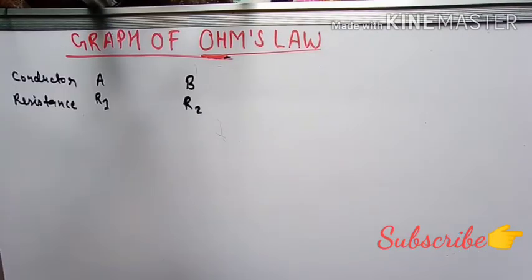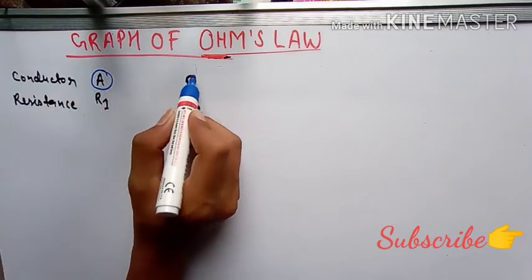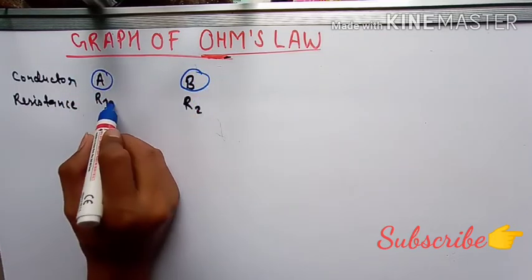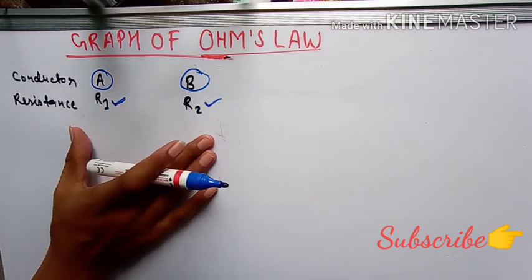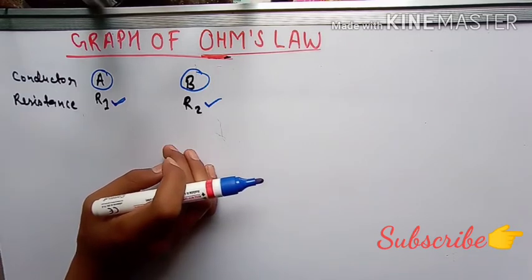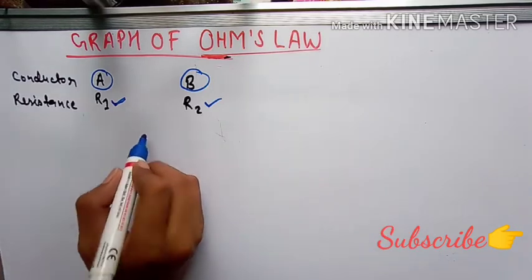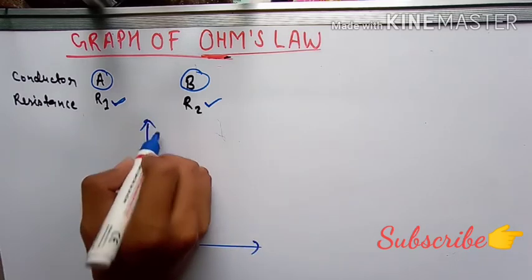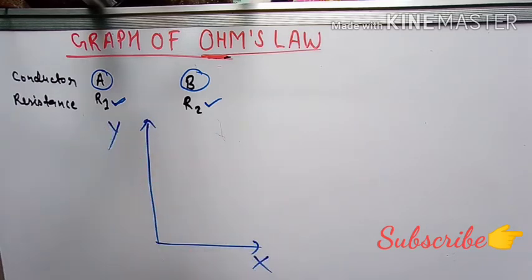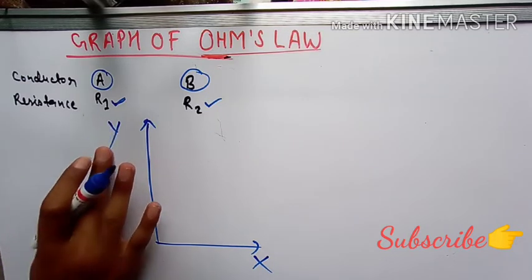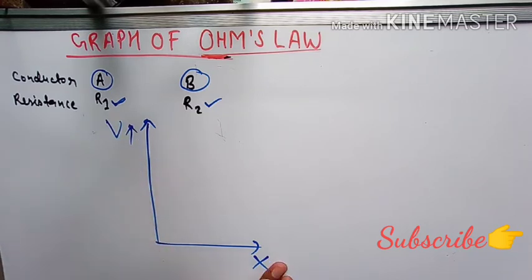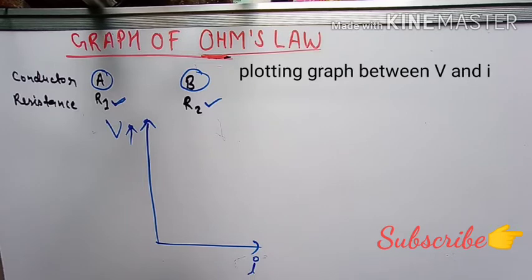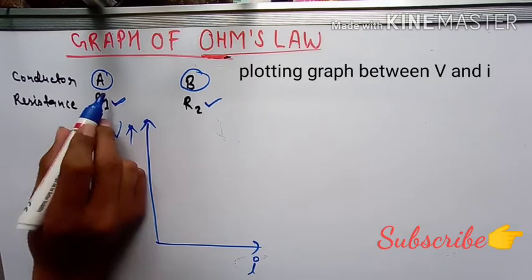Now this time we have taken two conductors, A and B. They have resistance R1 and R2. So we have to draw a graph for A and B. Let us see how to draw it. First of all, you have to make a proper y axis and x axis. In the place of y you have to put V, because you have to plot the graph between V and I. In the place of x you put I. Is it clear? So now the slope is representing the resistance.